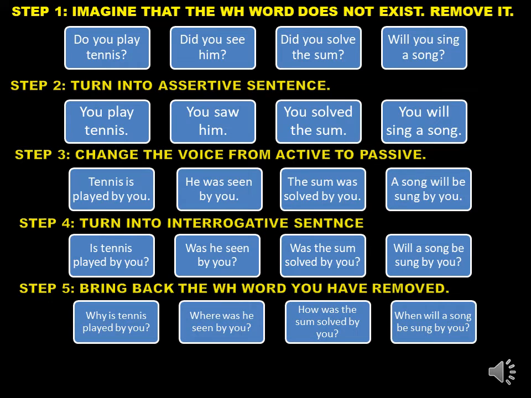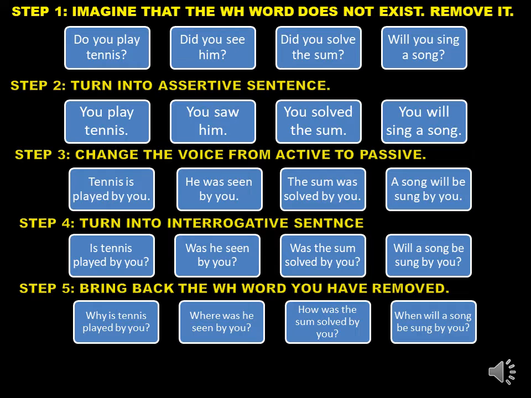So now, let us apply the steps to the sentences that we have seen in the previous slide. See, the first sentence was, why do you play tennis? So what we have done there is that we have removed that WH word. So now it is, do you play tennis? Then we have to convert it into assertive sentence. You play tennis.